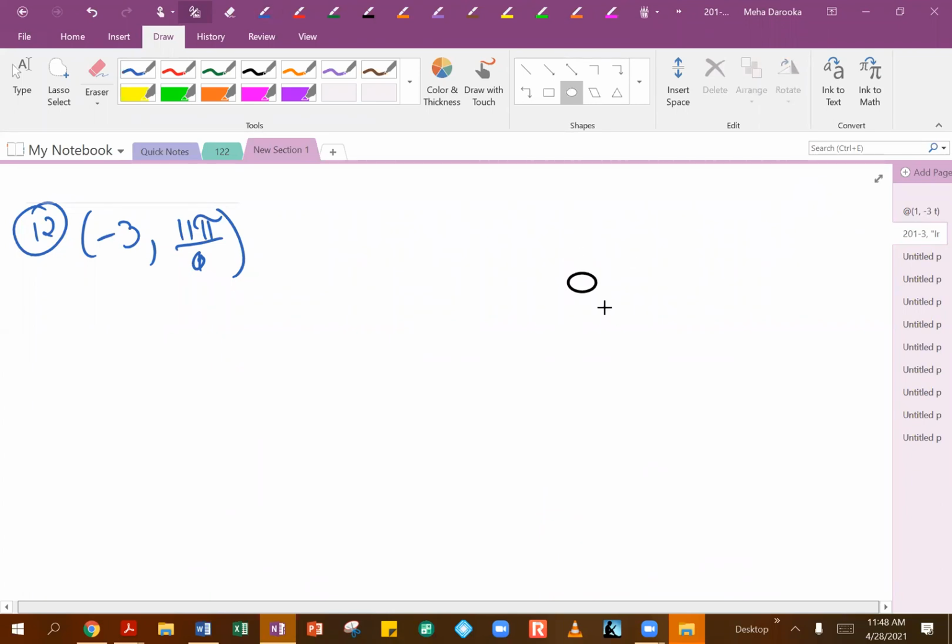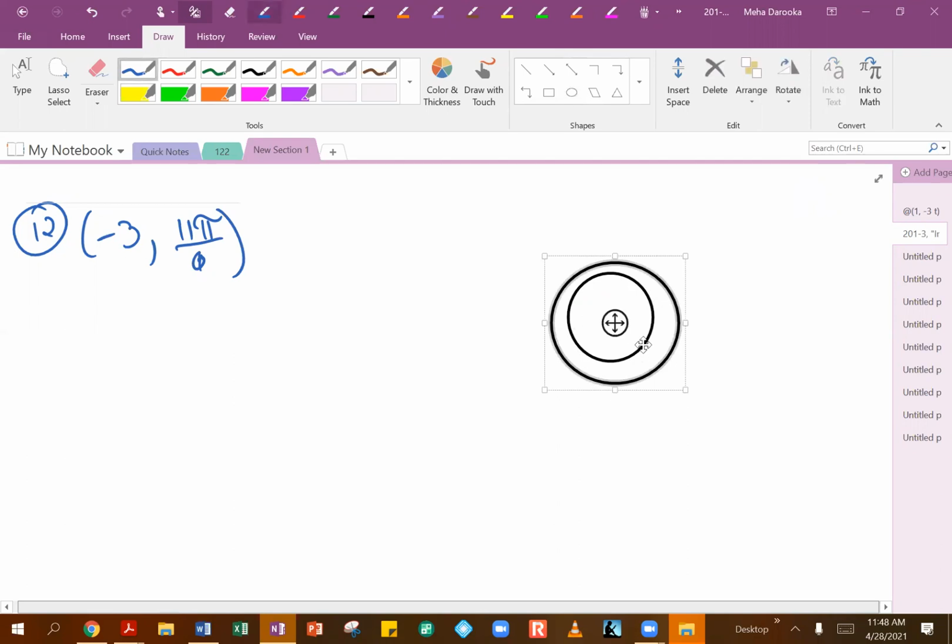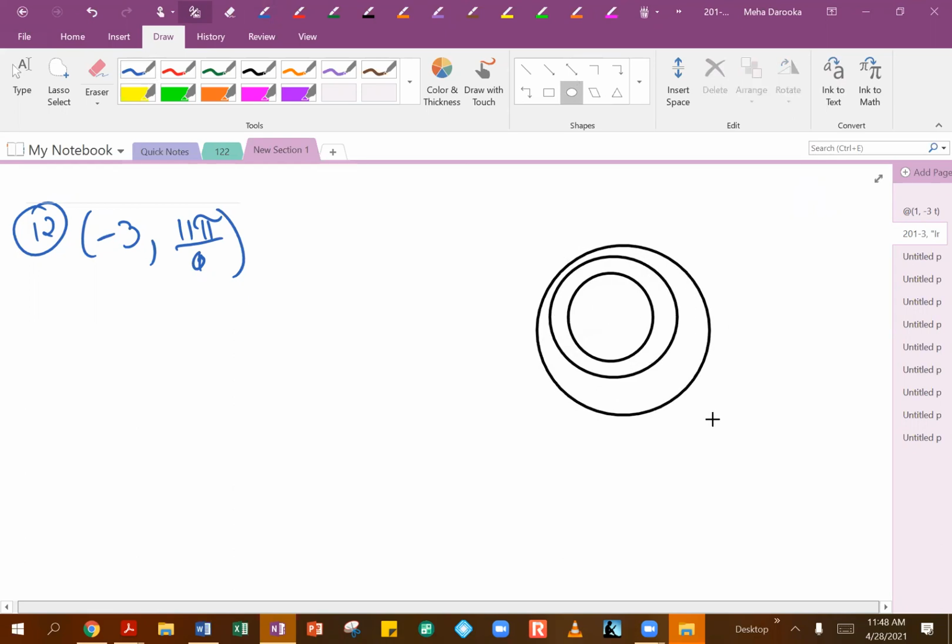So since this is -3, that actually means we will need 3 concentric circles to make our graph. This is just going to be very rough, just to give us those 3 circles.